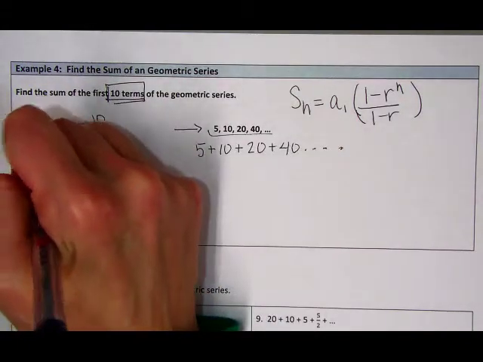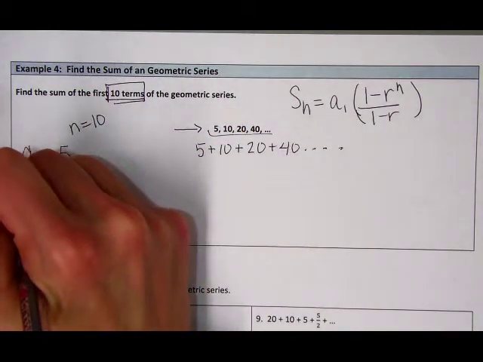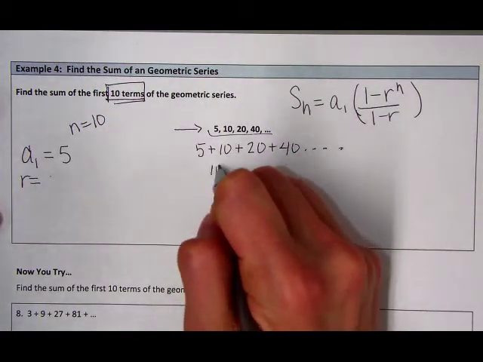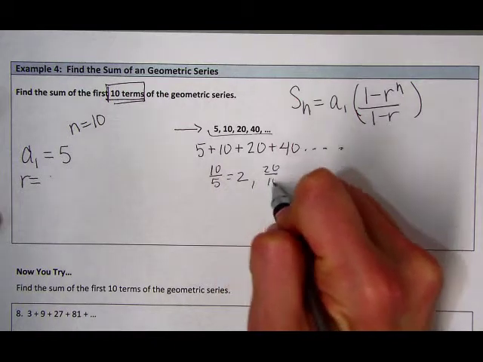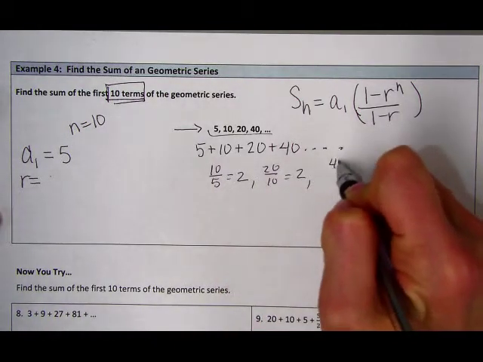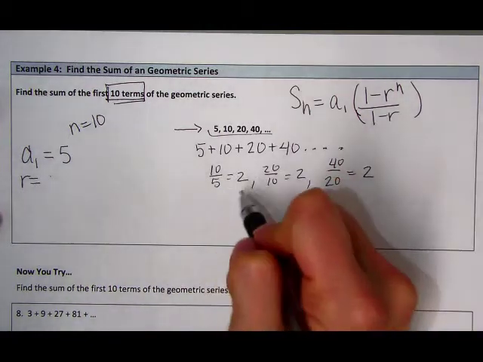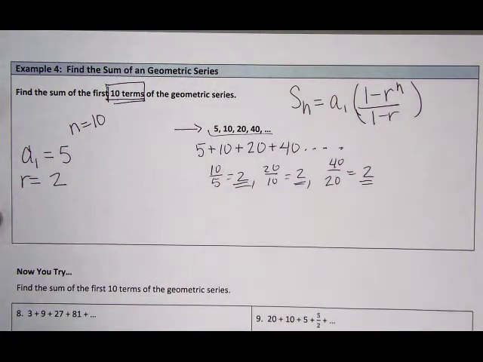I know that my first term in this series is 5. My common ratio, if I look at it, 10 over 5 is 2, 20 over 10 is 2, 40 over 20 is 2. So I know it's geometric because I have a common ratio, which is 2.